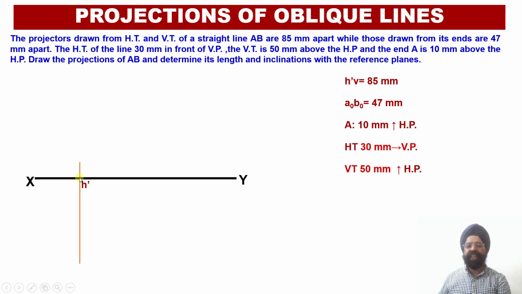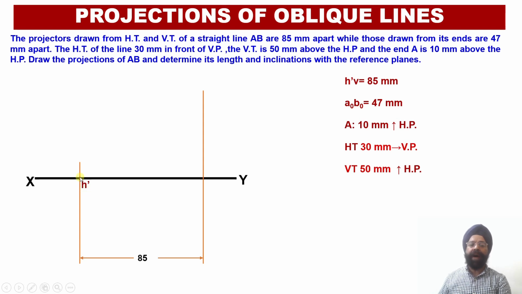Having marked this point as H dash, now I will measure a distance of 85 millimeter along the XY reference line. Once I measure this distance equal to 85 millimeter, I will draw the second projector line through this particular point. So I draw a vertical projector line after a distance of 85 millimeter from the horizontal trace location obtained over here.